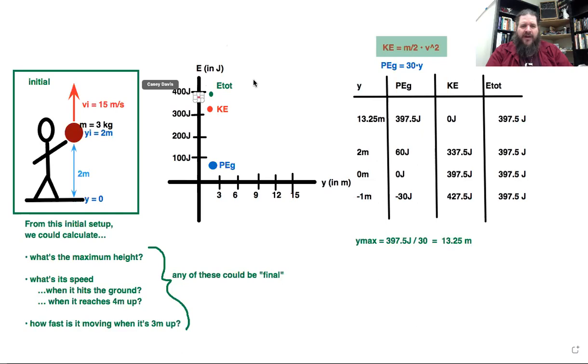And potential energy is down at 0. And then if we put in a few more data points, we know, for instance, when y is 13.25, potential energy is up at 397.5. And kinetic energy is down at 0.